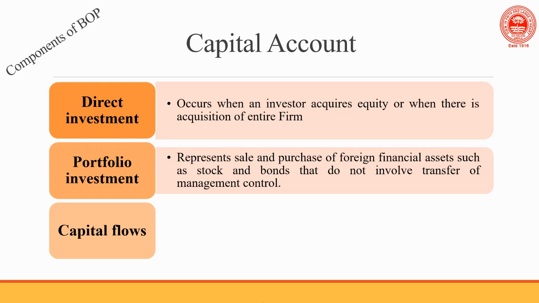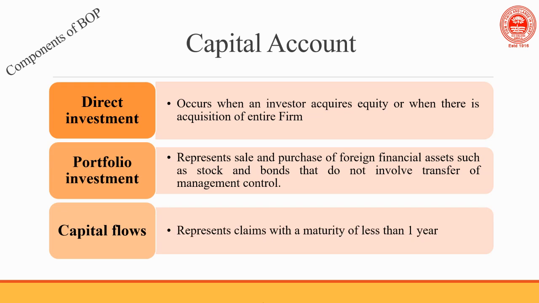Third, capital account includes any kind of transactions resulting out of capital flows. That is, it represents any claims with a maturity of less than 1 year. For example, any short term loans, money market investments, bank deposits, etc.